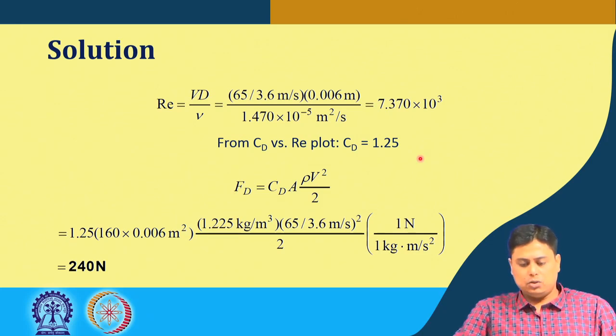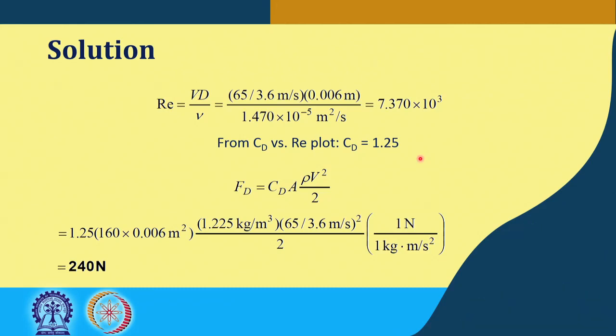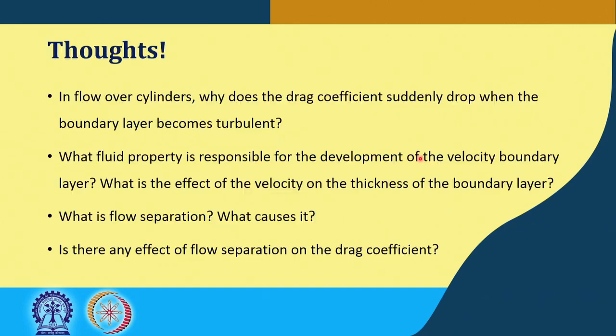So, this is the overall summary of the things that are required for this course, and then I put these questions. I have already answered this. If you have listened to the previous lectures, you will be able to understand, and you should think about this: in flow over cylinders, why does the drag coefficient suddenly drop when the boundary layer becomes turbulent?